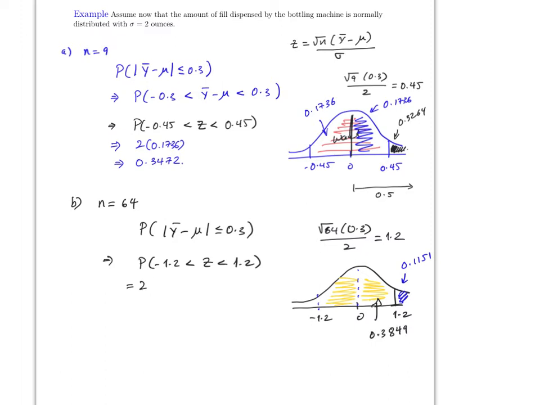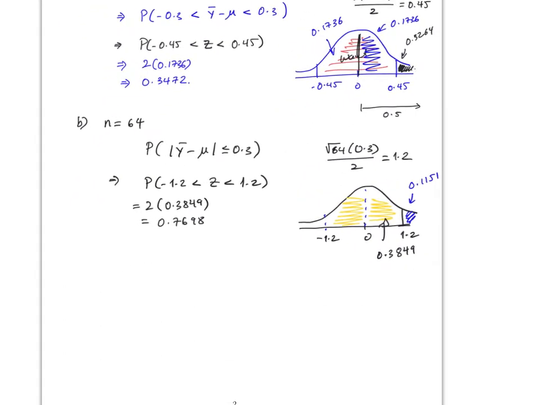So this will be twice 0.3849, which is 0.7698. So notice that as the value for n increases, the probability increases. So note, as n increases, then the probability increases too.